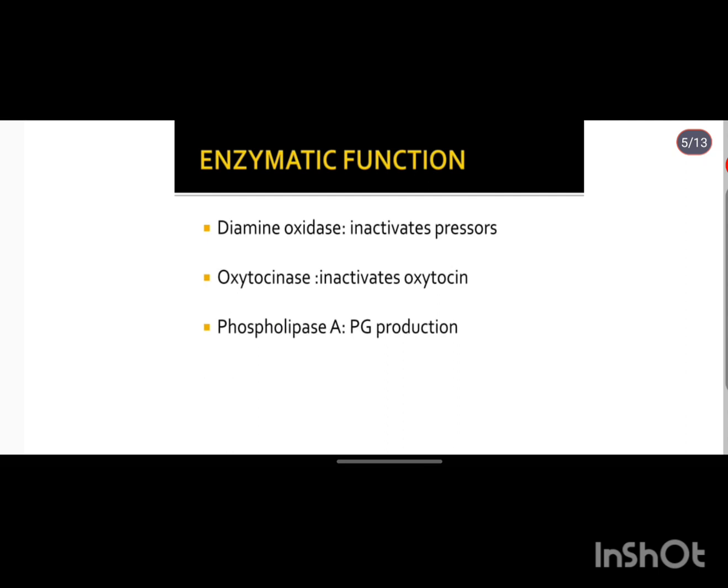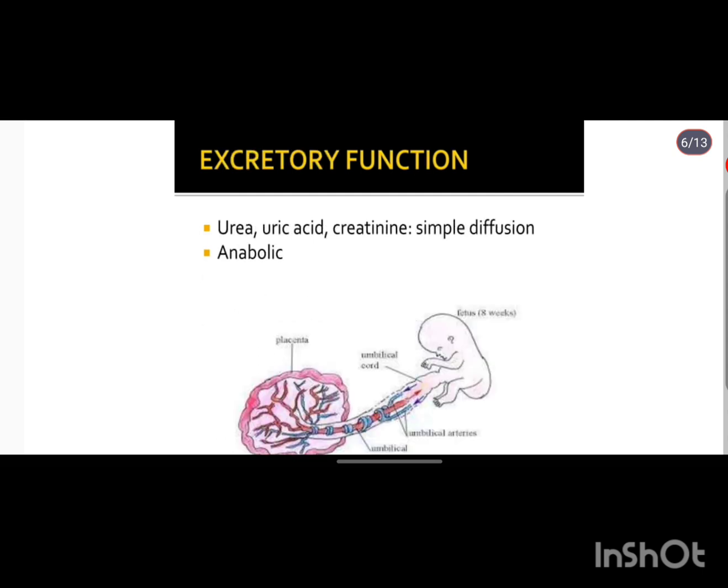These are the enzymatic functions taking place in the placenta, and it is also responsible for its excretory functions like urea, uric acid and creatinine, with the help of simple diffusion. It is also responsible for anabolic functions.